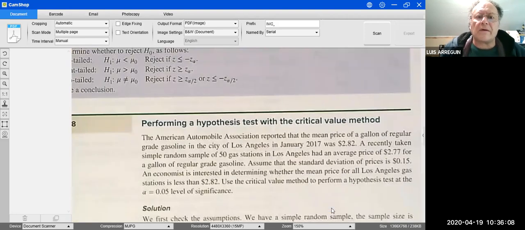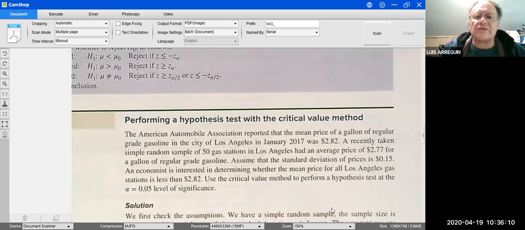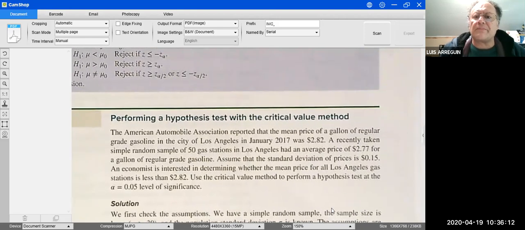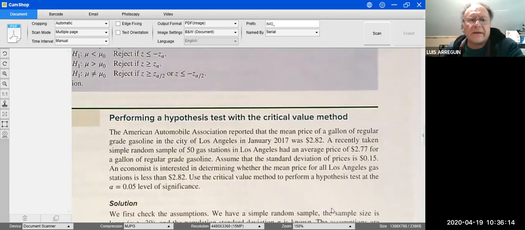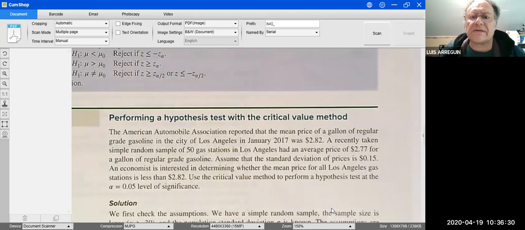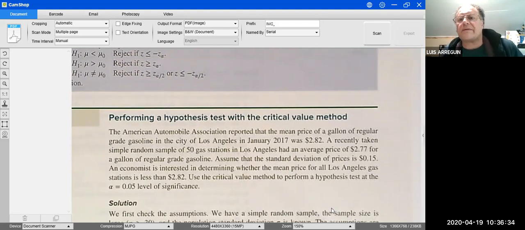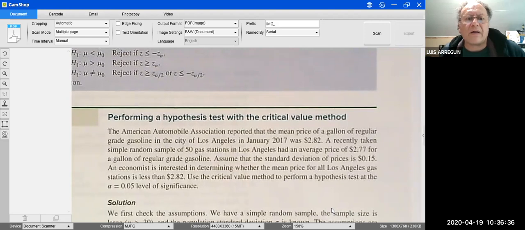the American Automobile Association reported that the mean price of a gallon of regular grade gasoline in the city of Los Angeles in January 2017 was $2.82. A recently taken simple random sample of 50 gas stations in Los Angeles had an average price of $2.77 for a gallon of regular grade gasoline.